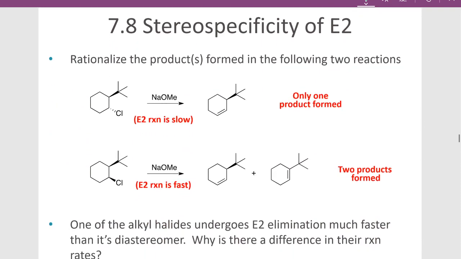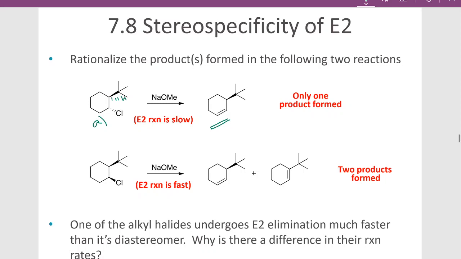So let's think about this possibility here. We have only one product formed on the top, and that's this product on the right. Let's call this molecule A, because the chlorine is trans to the T-butyl group and cis to the hydrogen that is at the T-butyl group.